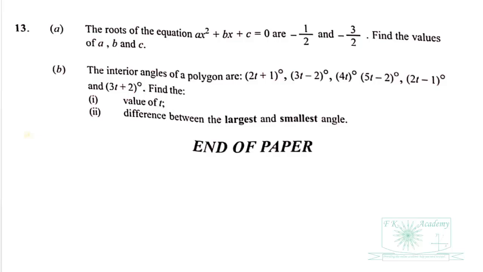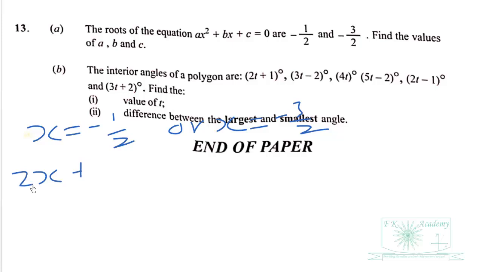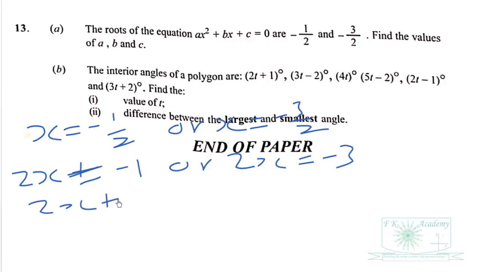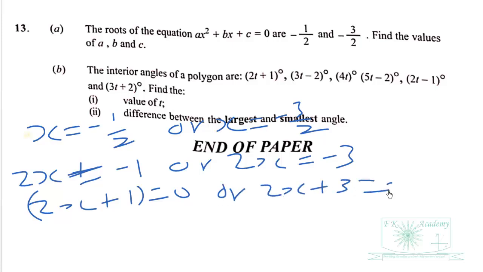So for a quadratic equation, if the roots are negative 1 over 2 or negative 3 over 2, you can work backwards. We know that 2x will be equal to negative 1, or 2x will be equal to negative 3. So 2x plus 1 will be equal to 0, or 2x plus 3 will be equal to 0.